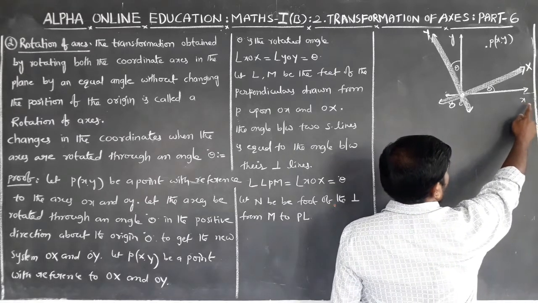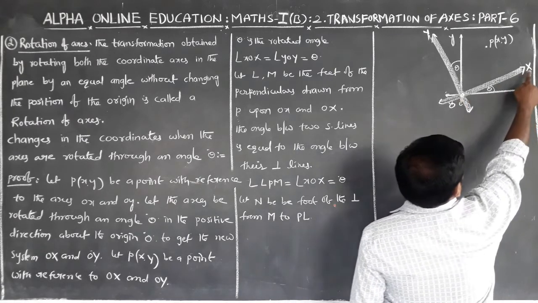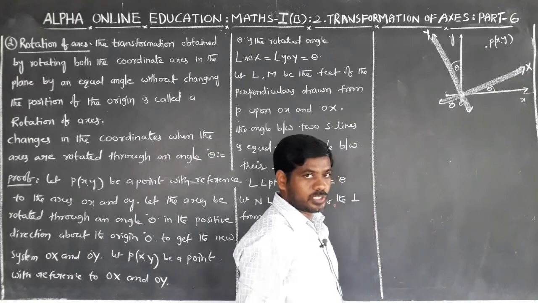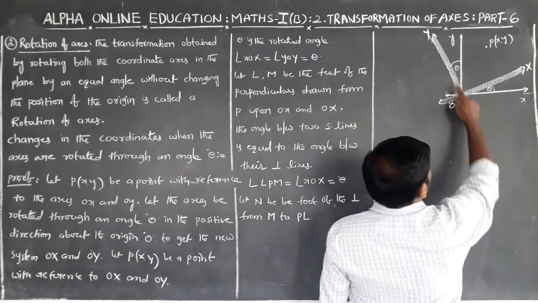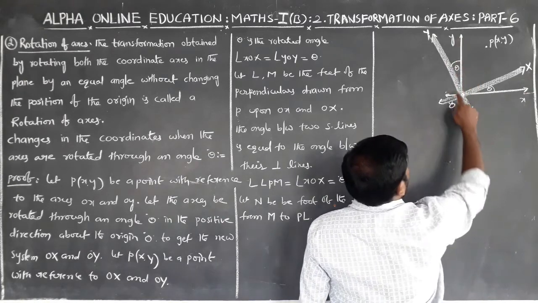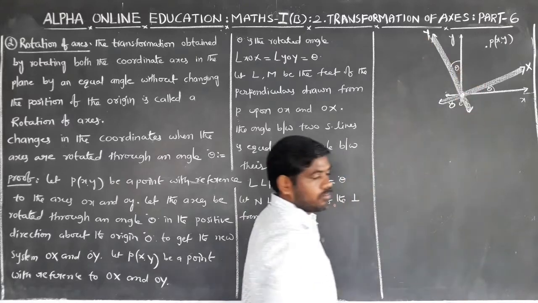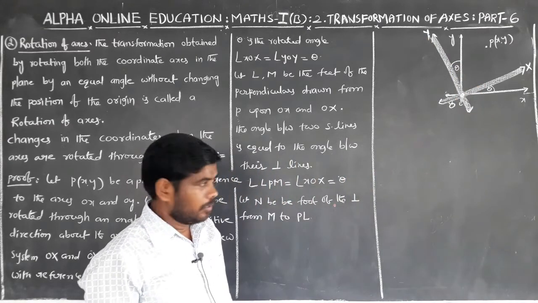Here angle small x O capital X is equal to theta, and small y O capital Y is equal to theta.